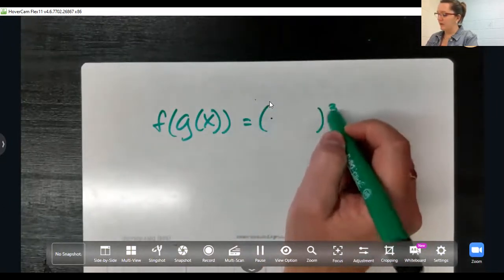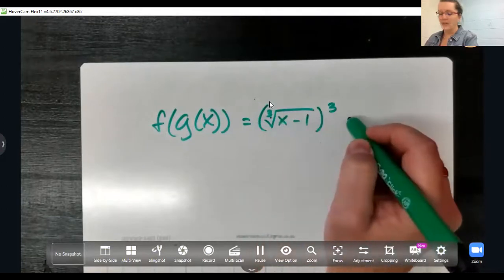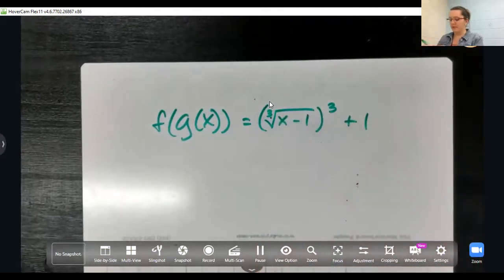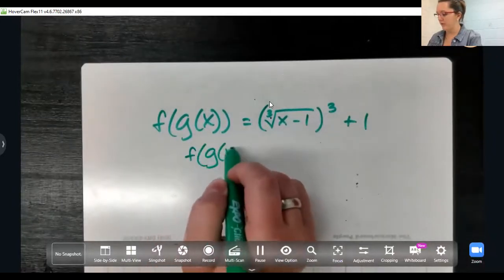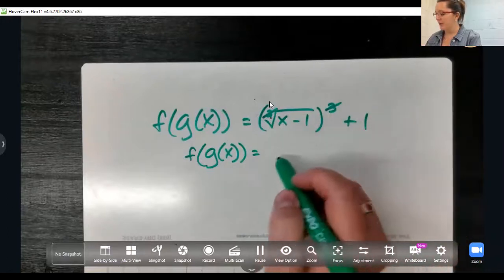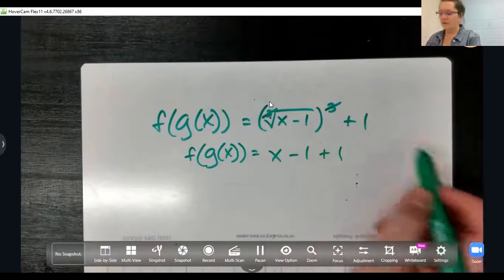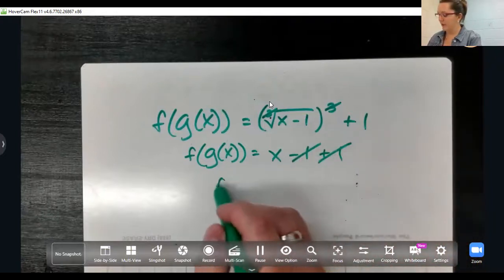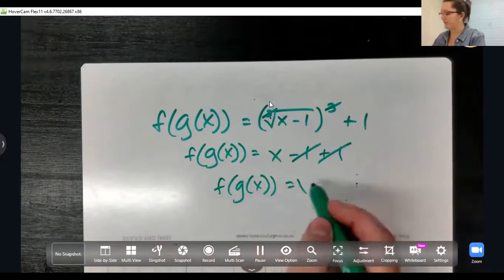So in that x value, I'm plugging in cube root of x minus 1, and then outside is plus 1. Now after I simplify this, these cancel, okay? So my x minus 1 comes out, and then plus 1 here, they cancel, right? So f of g of x equals x.